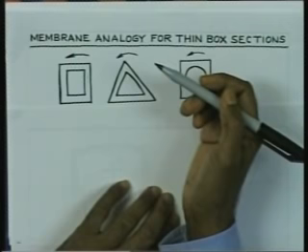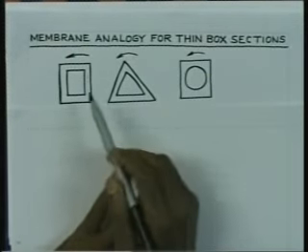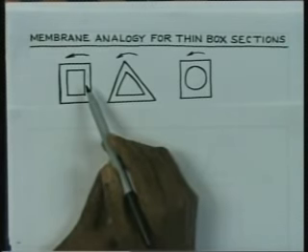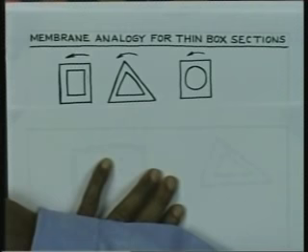Now, if the membrane analogy is to be considered for such sections, how do you go about it? We have given you the membrane analogy for solid rectangular sections, square sections, triangular sections, elliptical sections, but if we have thin box sections, how do we consider the membrane analogy?